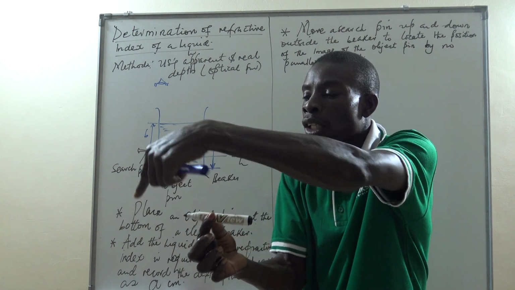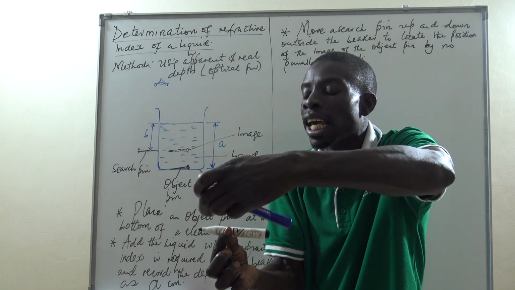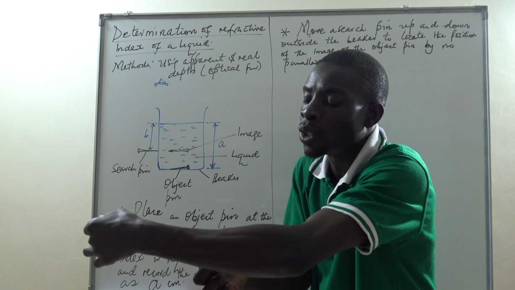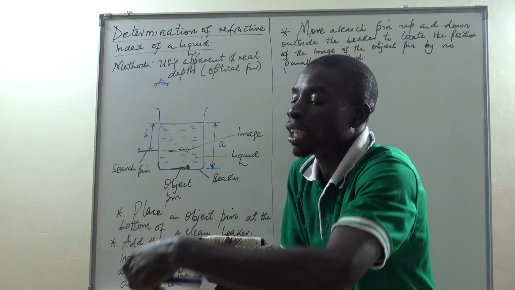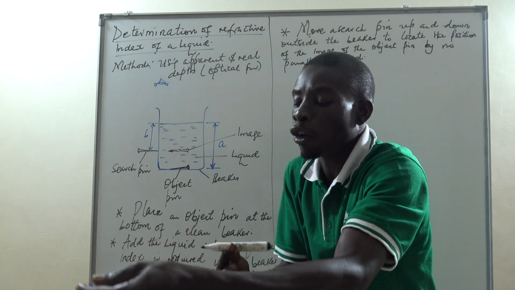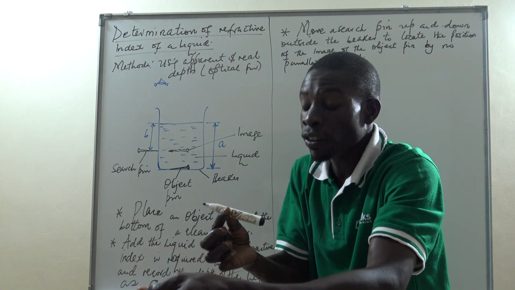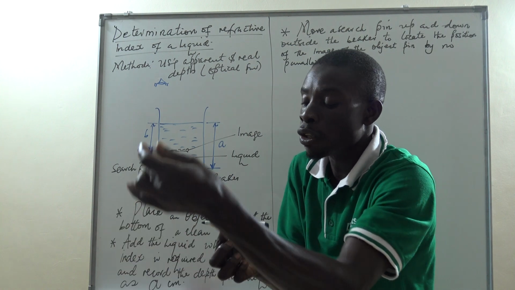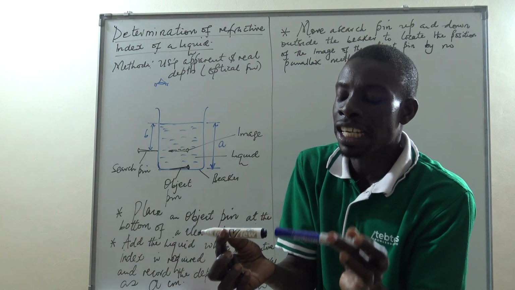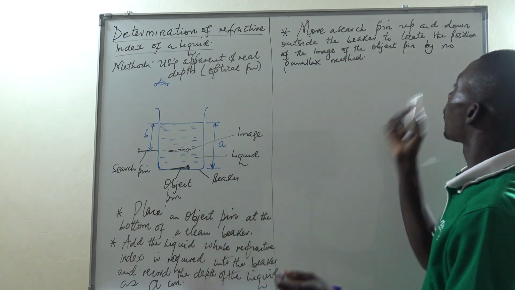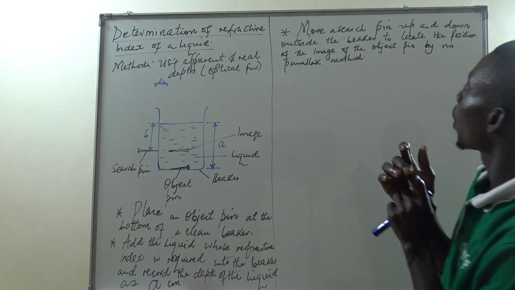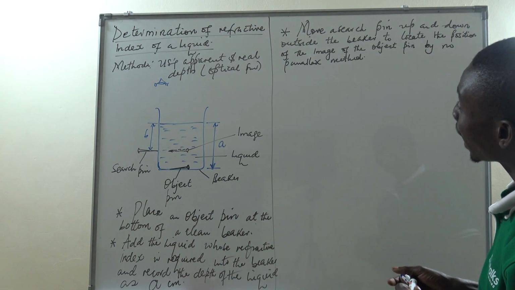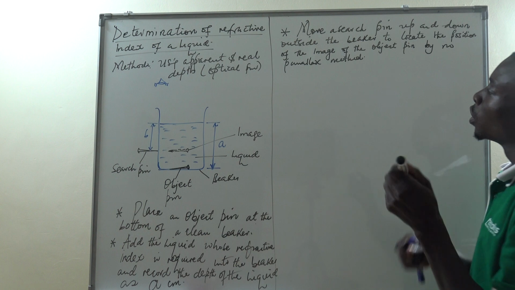Because your beaker is circular, if the pin is like this, don't move here. Move exactly so that it is in a straight line with the other one. So move from here but outside the beaker. Okay? So if it's like this, move like this but outside when this is inside. Not here, not here. Maybe the other side, but they should be in line. No parallax should happen in that case. So they will be in line with one another. That is what you should do.